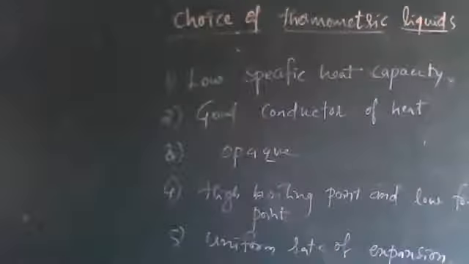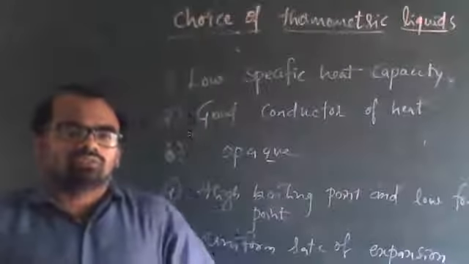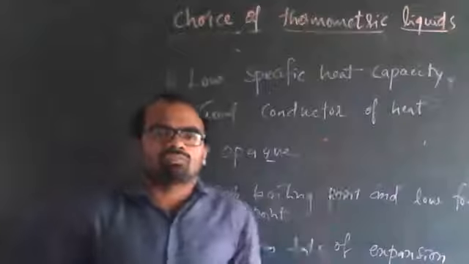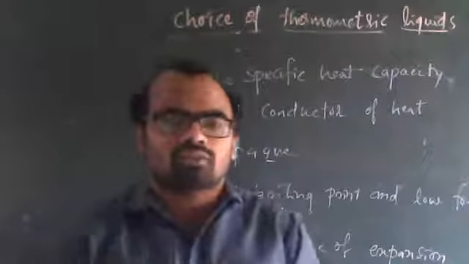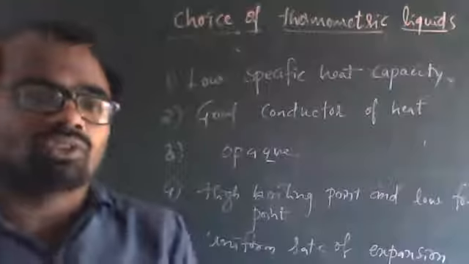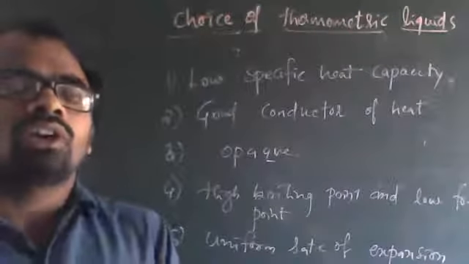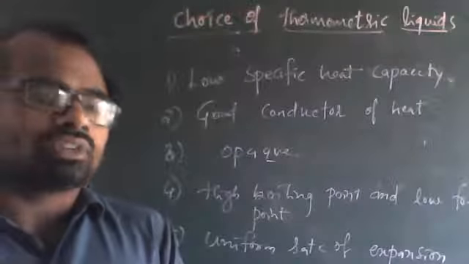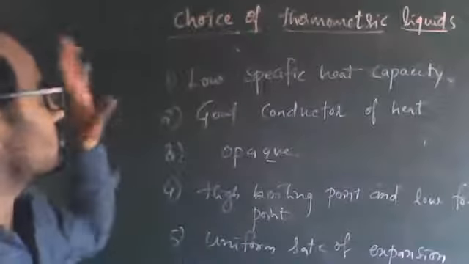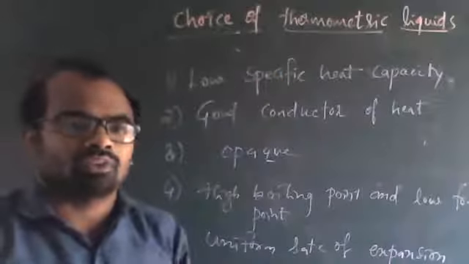Okay, see here, I will explain one by one. When I am choosing a thermometric liquid, I hope you can see all these things now. First thing I have to consider is low specific heat capacity.